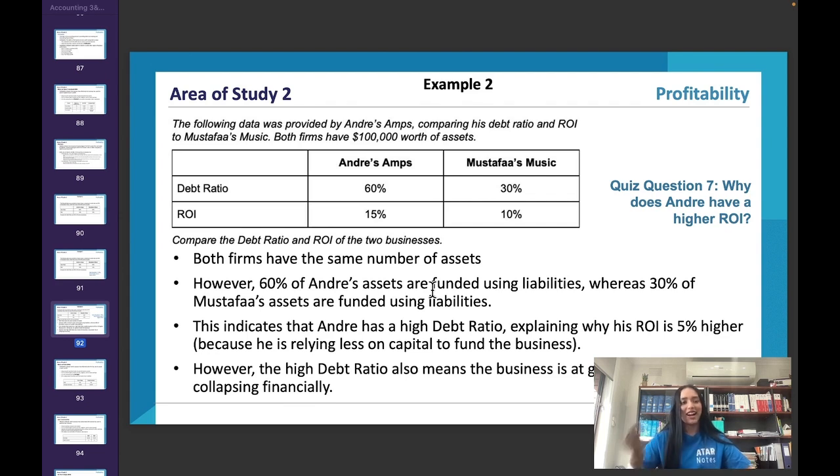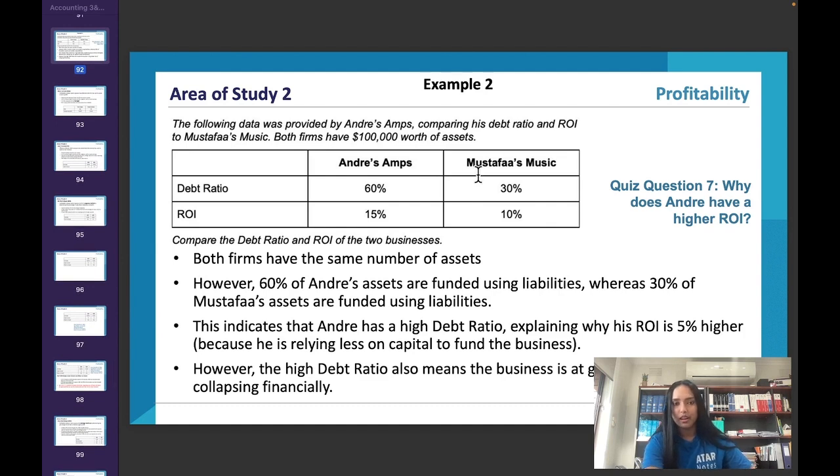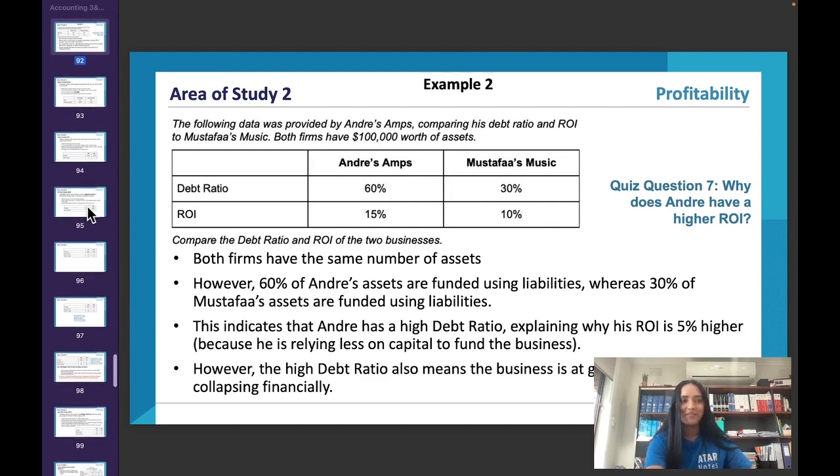However, if there's a higher return on owner's investment, there's also a high debt ratio, and a high debt ratio means the business is at greater risk of collapsing financially. The business has a lot of debt. It has way more debt compared to the other business, Mustafa's music.